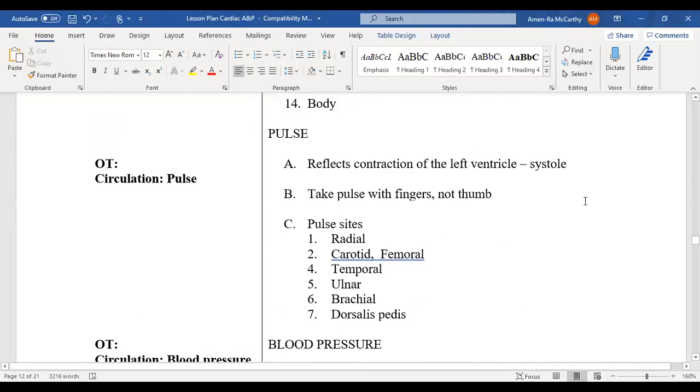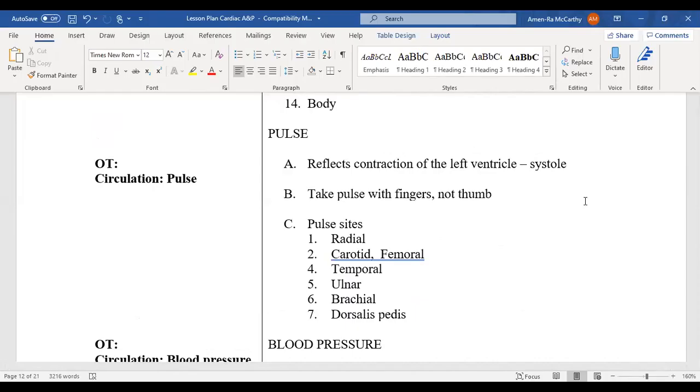Pulse sites. What do we take the pulse at when we check a pulse? What are some places we can check? Radial, show me brachial. Brachial, show me carotid. Carotid, what about femoral? In your groin. Femoral is in your groin, right? What about dorsalis pedis? That's ulnar.